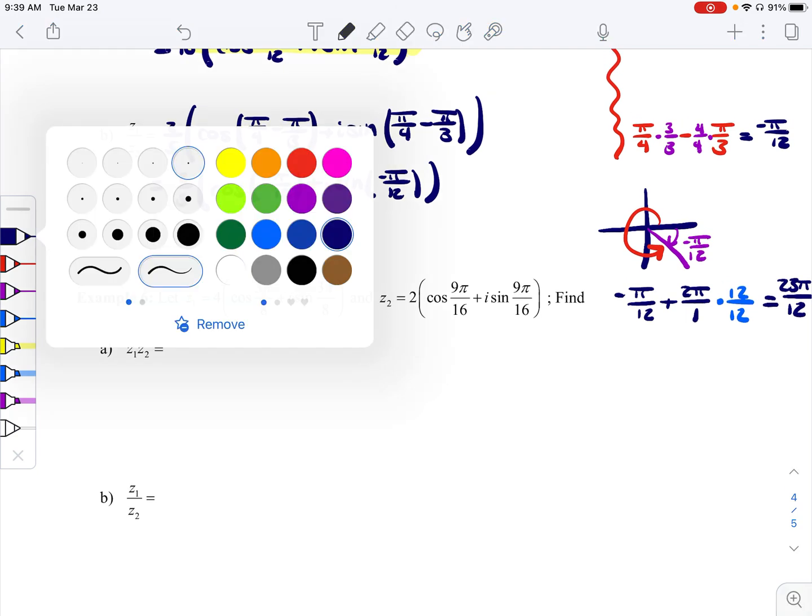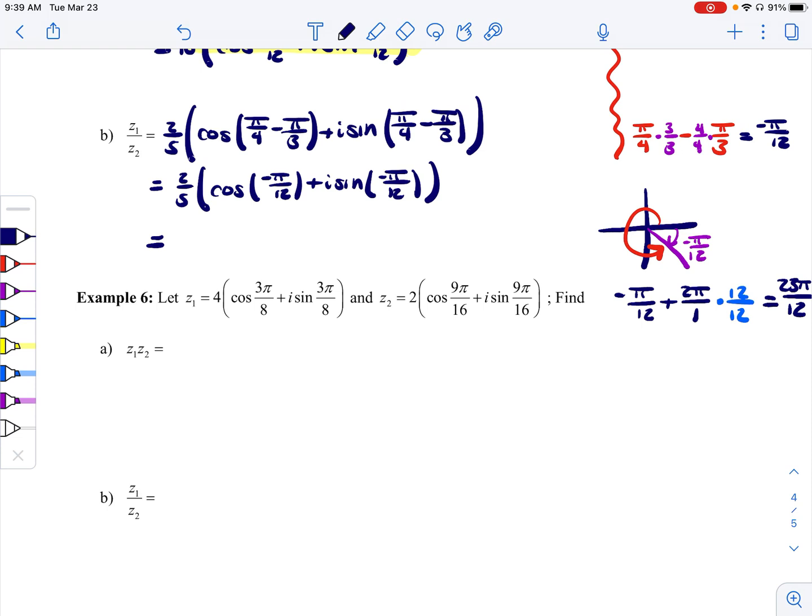So our final answer is 2/5 times the quantity cosine of 23 pi over 12 plus i sine of 23 pi over 12. All right guys, that is our final answer.